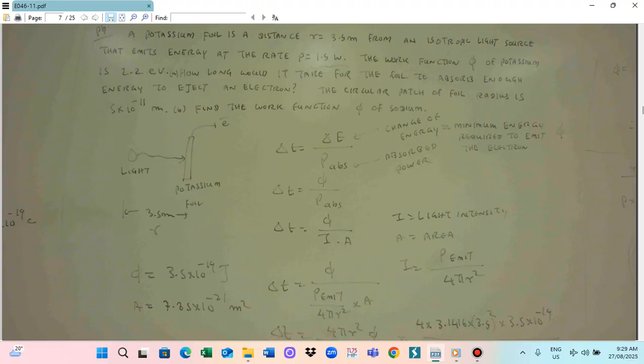The time can be calculated as the change of energy divided by the absorbed power. So this is delta E by P absorbed, which gives delta T. In this case, the change of energy is the minimum energy required to emit the electron.